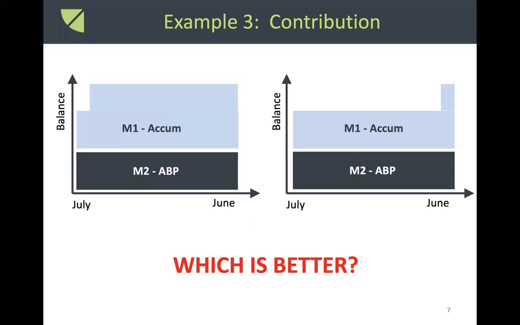Now, I've seen representatives of three other reasonably prominent actuarial businesses. I say representatives because not all of them are actuaries. They have presented and said that in this scenario, what you should be doing is contributing as late as possible in the financial year.